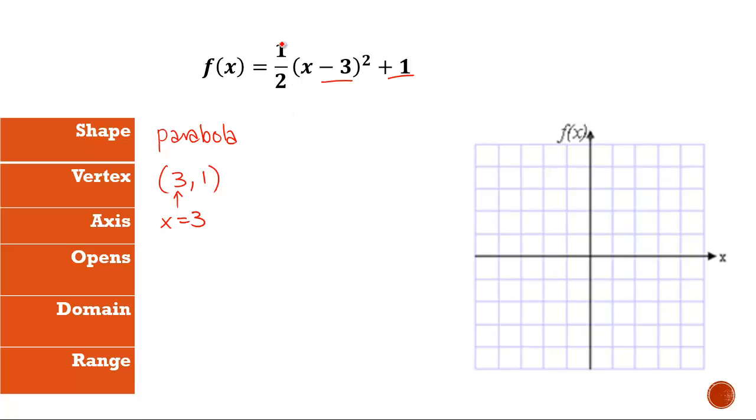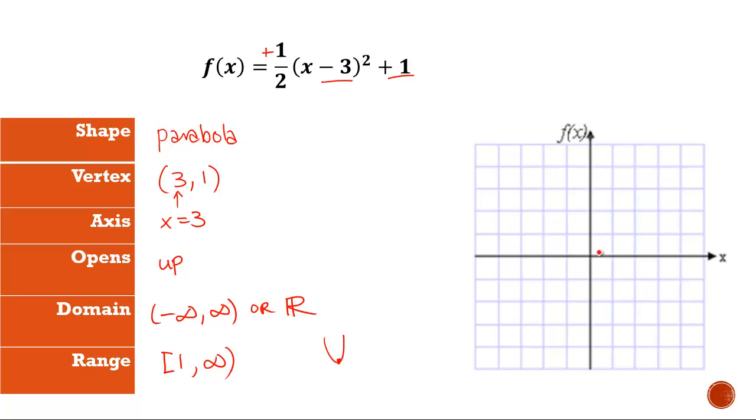It's positive, so it's opening up, and the domain is always all real numbers. Now the range depends on if it opens up or down. If it opens up, it's everything from the k value, which is 1, to infinity. Now let's try and graph that out.